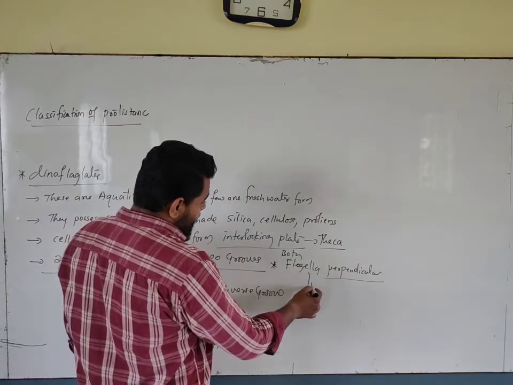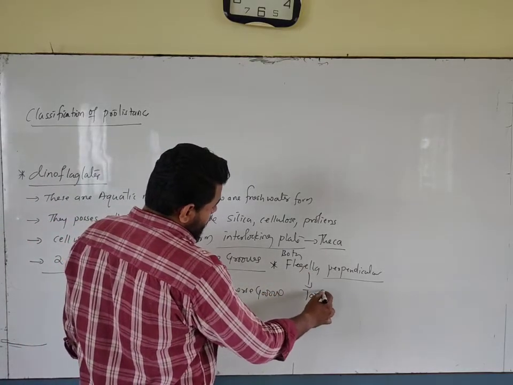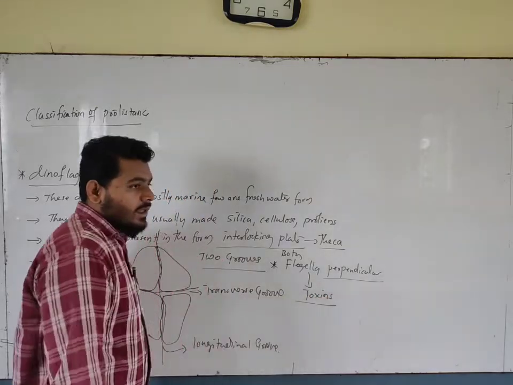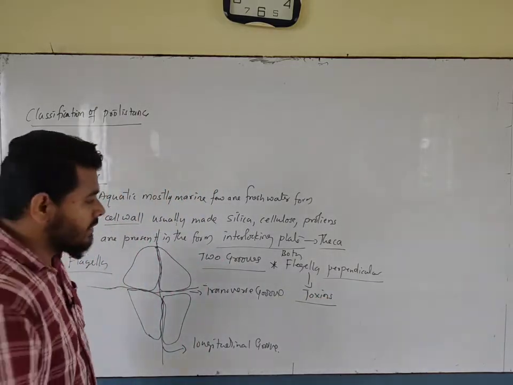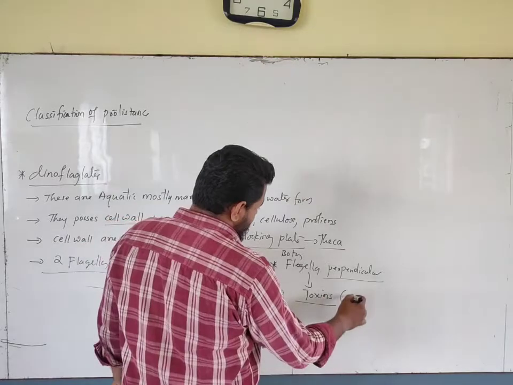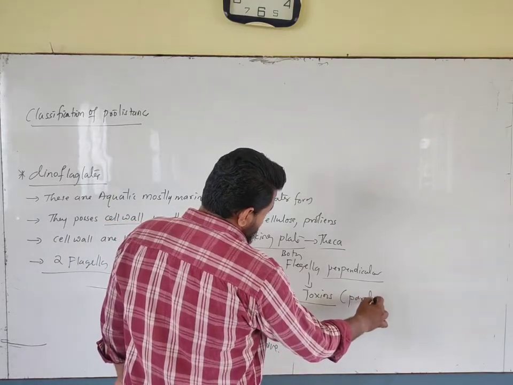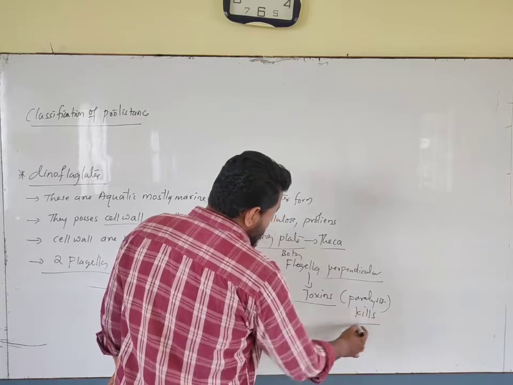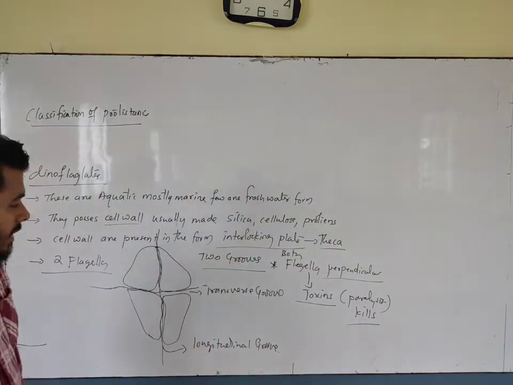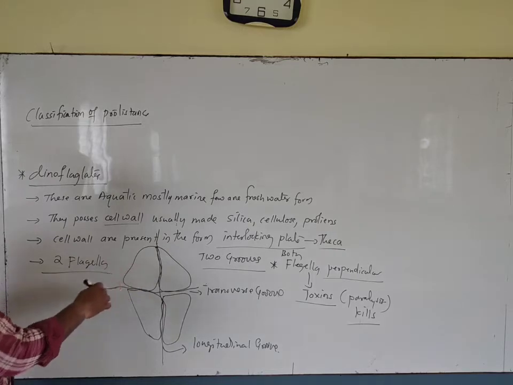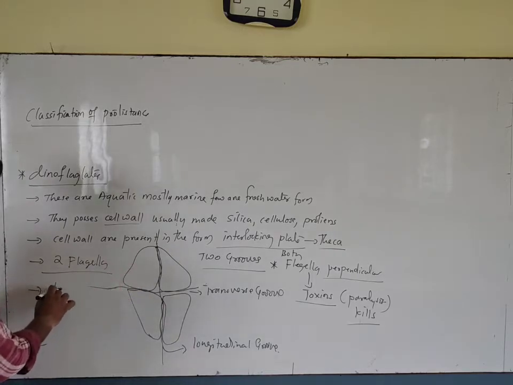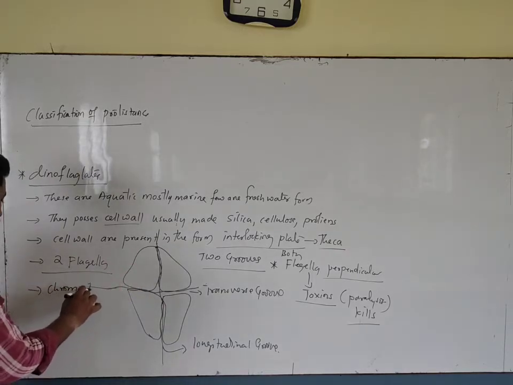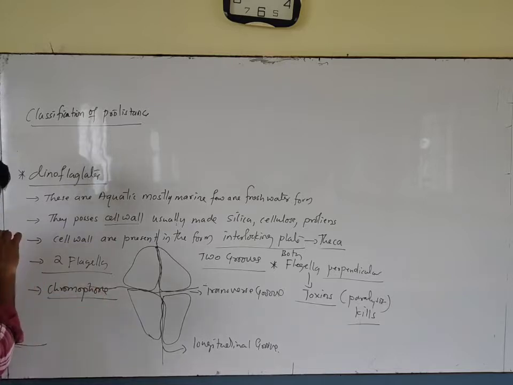These flagella contain toxins, so they can paralyze or almost kill small aquatic organisms. Next, they contain chromophores.